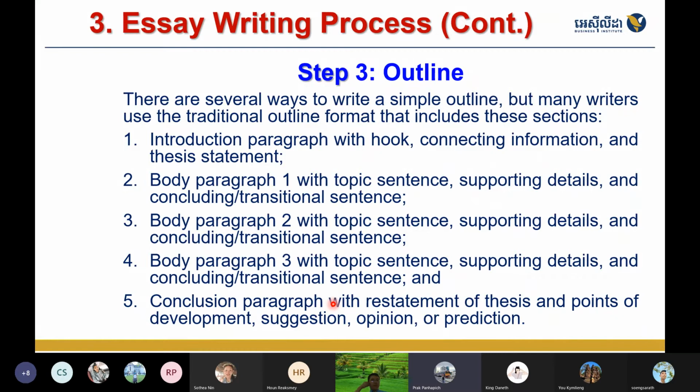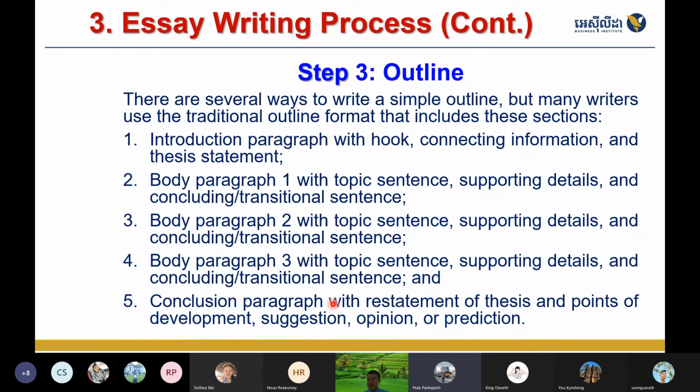Step 3, outline. There are several ways to write a simple outline, but many writers use the traditional outline format that includes these sections. 1. Introduction paragraph with hooks, connecting information and thesis statement. 2. Body paragraph 1 with topic sentence, supporting details and concluding transitional sentence. 3.